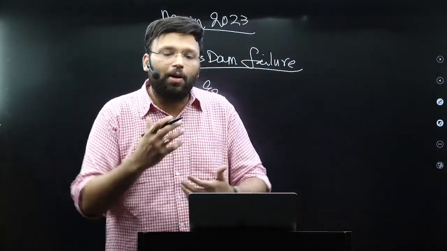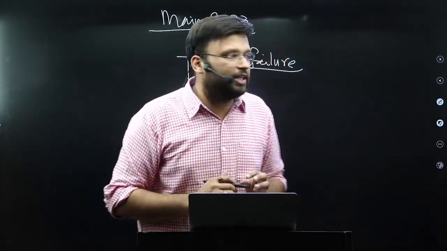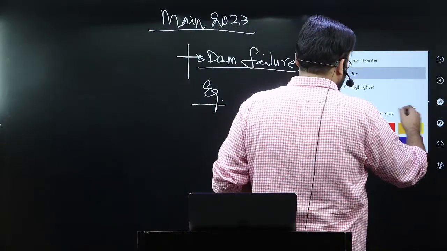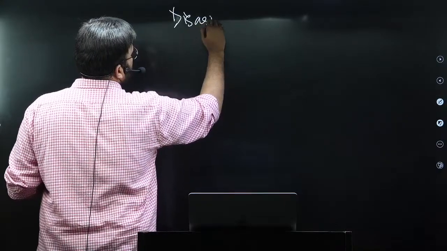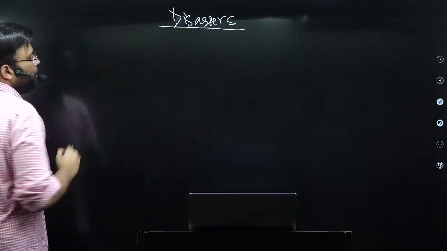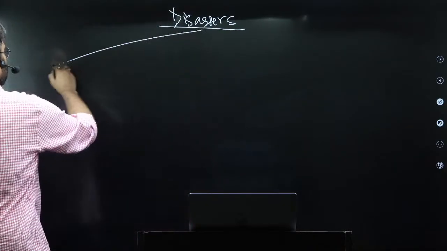So how to go about it? How to ensure that you have some examples for everything? What you should do is keep 1 page of your disaster management notes where you name all the major disasters.